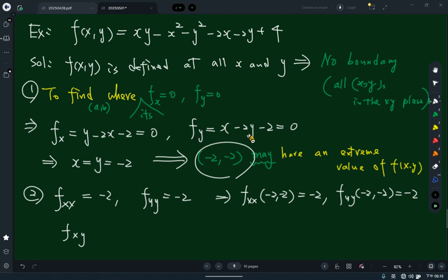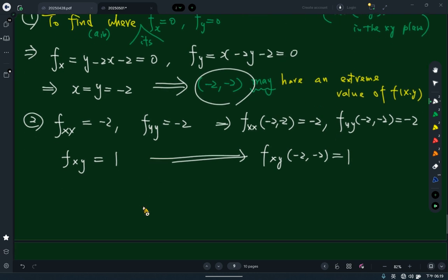Then we differentiate with respect to y again, so that we can get 1, because only this coefficient remains, and for the rest part it will be 0. So we can get partial f, partial x, partial y at (-2, -2) is 1.